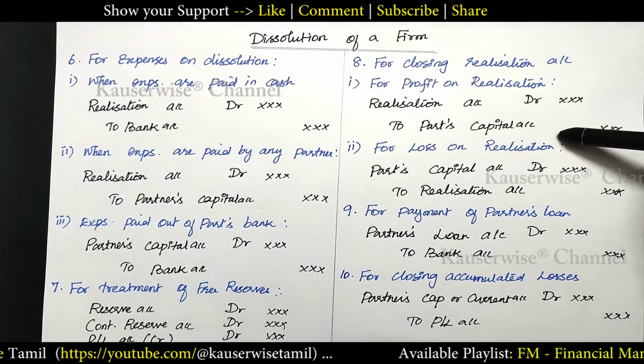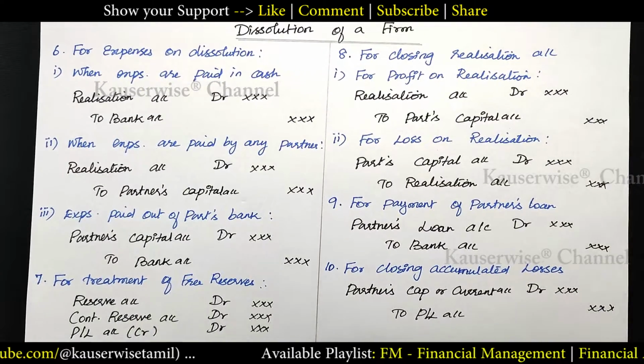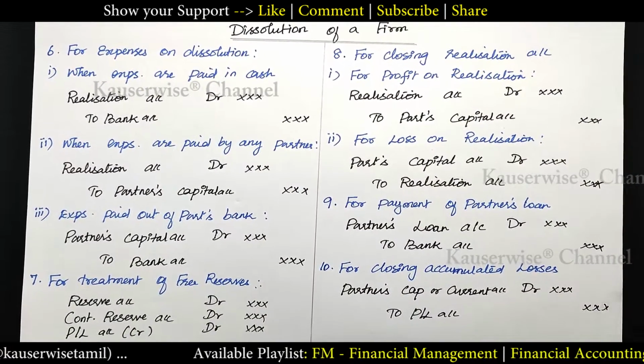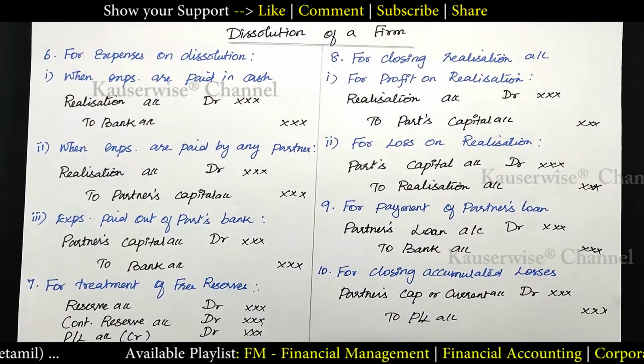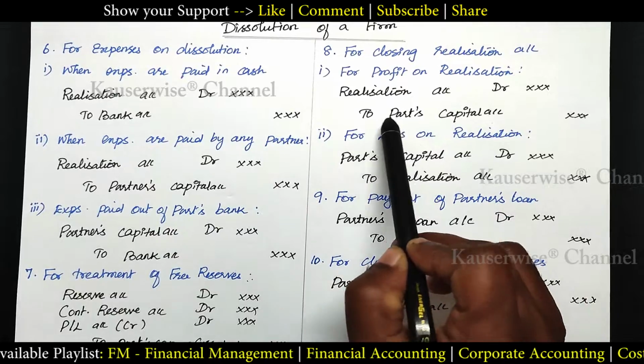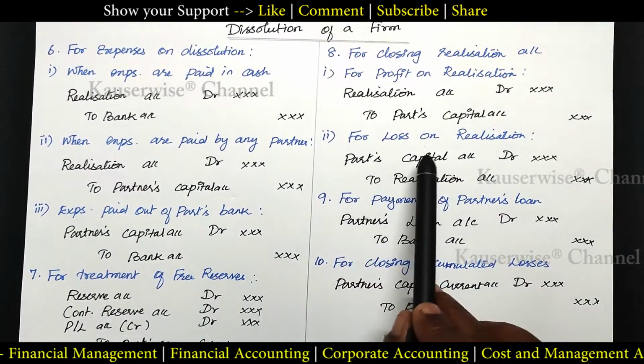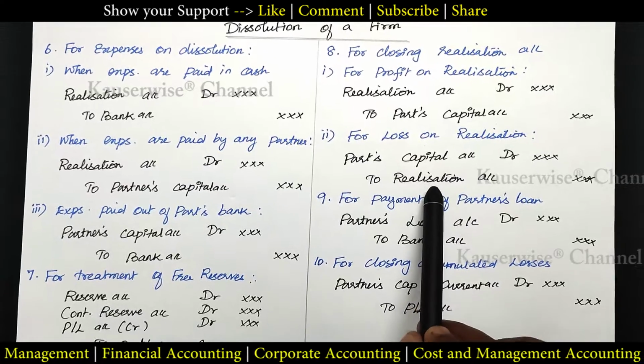What is the entry for that? Whether it is profit or loss, it will be shared by all the partners according to their profit sharing ratio. In case of profit, the entry is realization account debit to partners capital account. In case of loss, partners capital account debit to realization account.